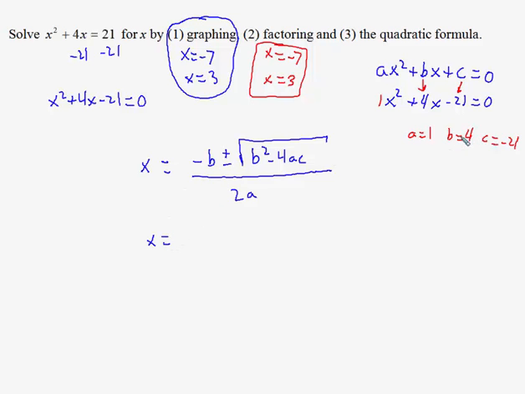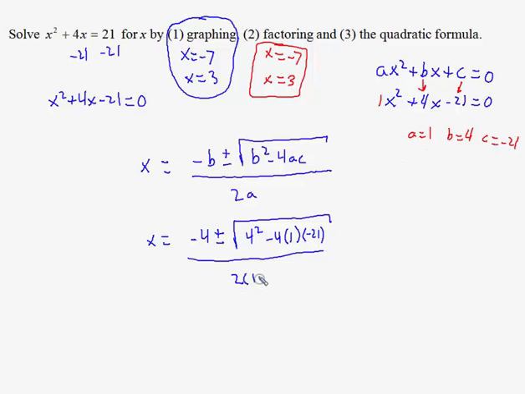Well, b is positive 4, so the opposite of that would be negative 4. We have an adding case and a subtracting case, which is going to give me my two answers. b is 4, so we're going to have 4 squared, subtract 4 times a, which is 1, times c, which is negative 21. And all of this is being divided by 2 times a, where our a, again, was 1.